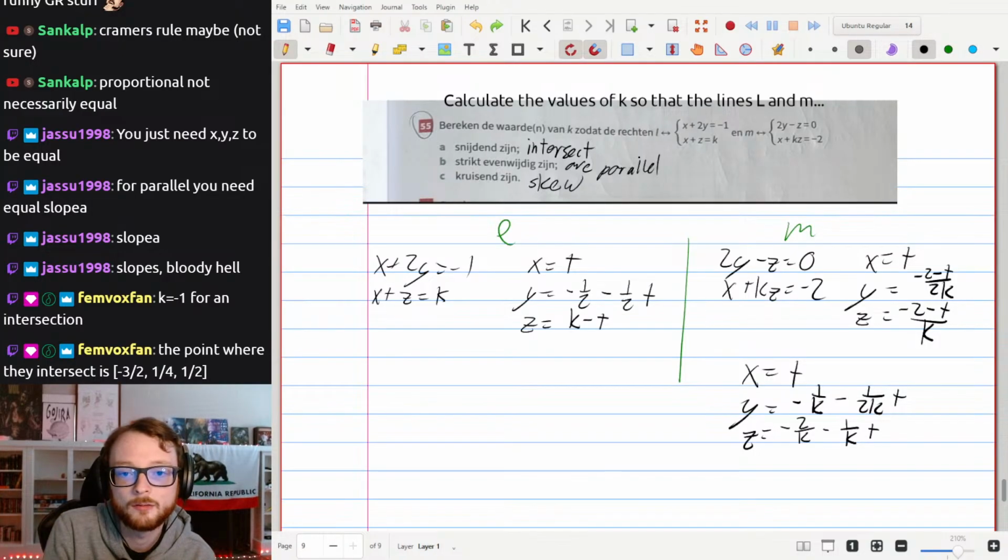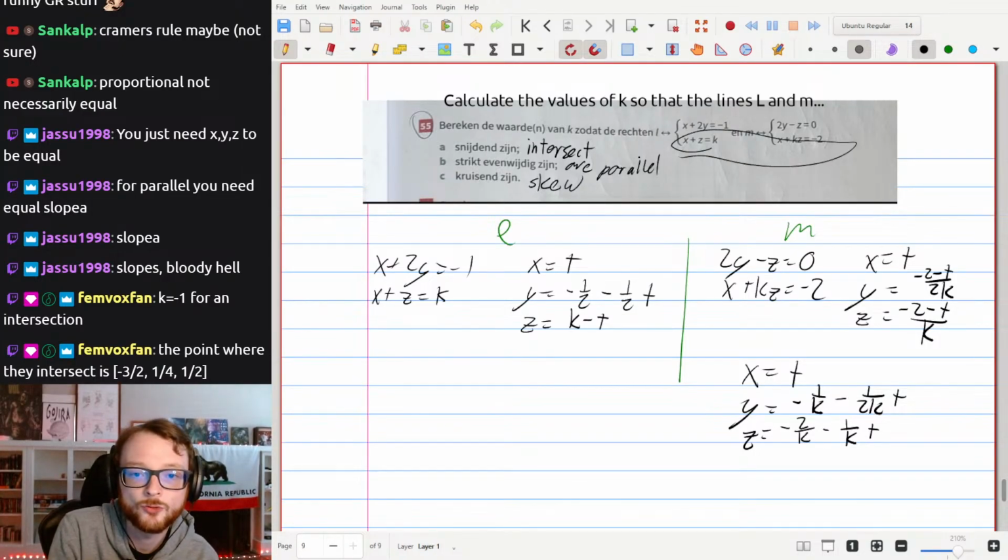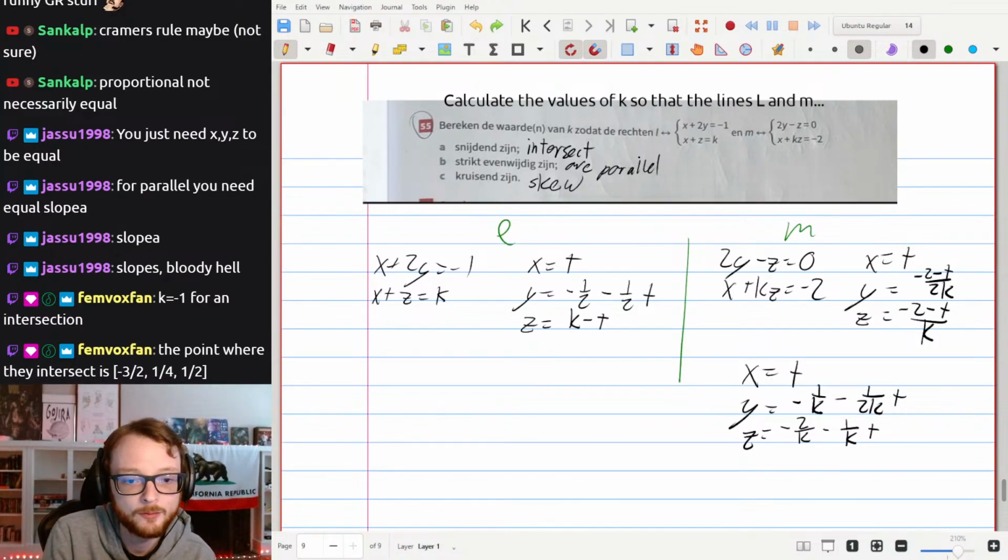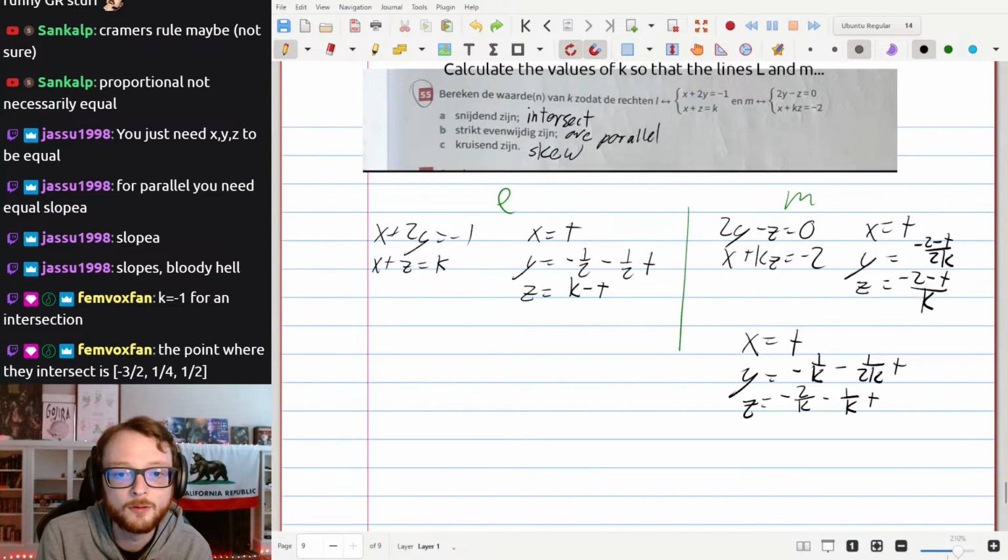Maybe we want to mess with these two equations and try and get rid of x and z somehow. Maybe we don't need to fully solve the system, we just need k.